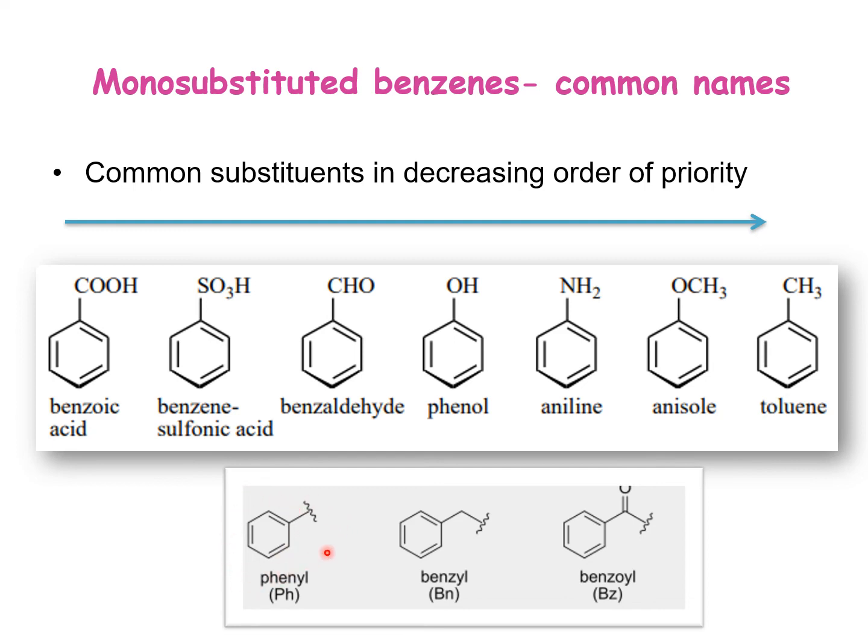Like CH3 is methyl, a ring as a substituent is phenyl. A ring with one more carbon atom is benzyl. So though we call this ring benzene, still the benzyl substituent is a ring plus one more CH2, and that is attached to some other groups. If we have a benzene ring plus a carbonyl group, then that substitution is called benzoyl. Say benzoyl chloride. If here is chlorine, then this compound is benzoyl chloride.